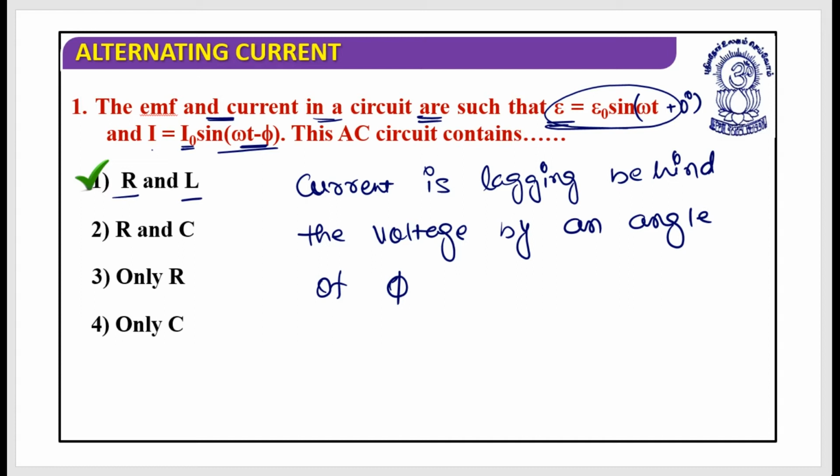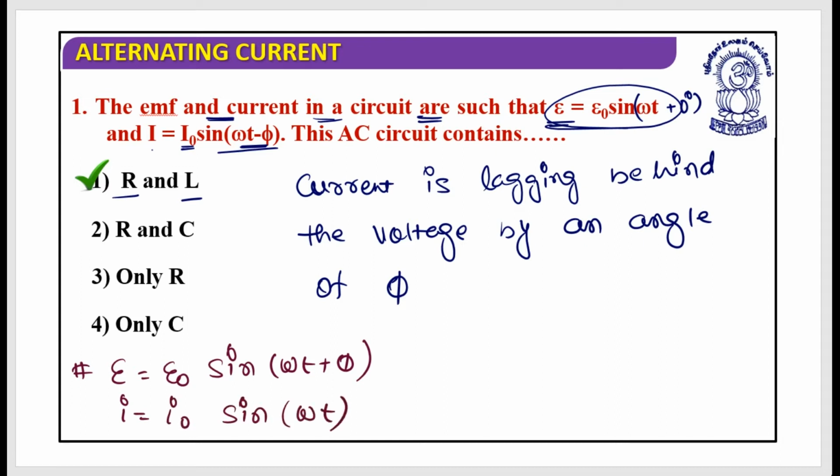Is it clear? Okay. Now let's suppose the situation is that E equals E0 sin ωt, and the current is I equals I0 sin(ωt + φ).